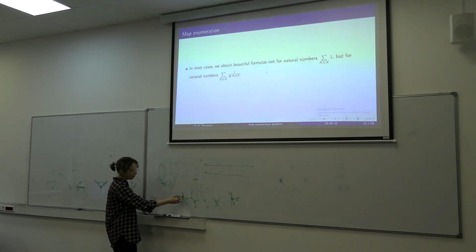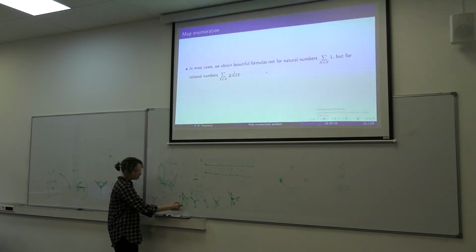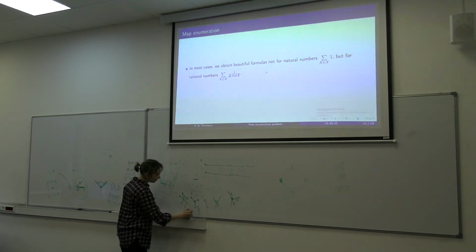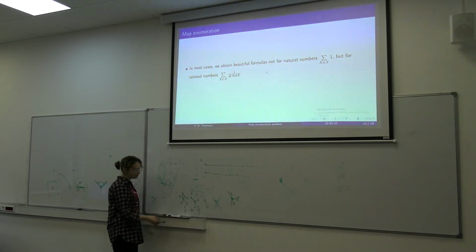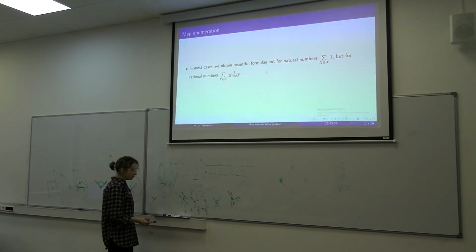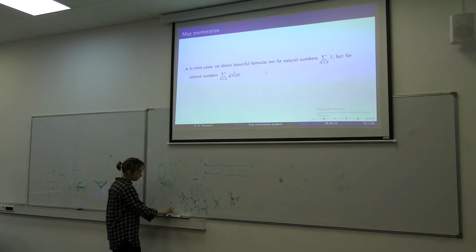So we see that here there are 5 automorphisms, 5 rotations. This we count with this, so 1/5 plus 1/3 plus 1 plus a half. Plus, for example, I can draw some dessin without automorphisms.